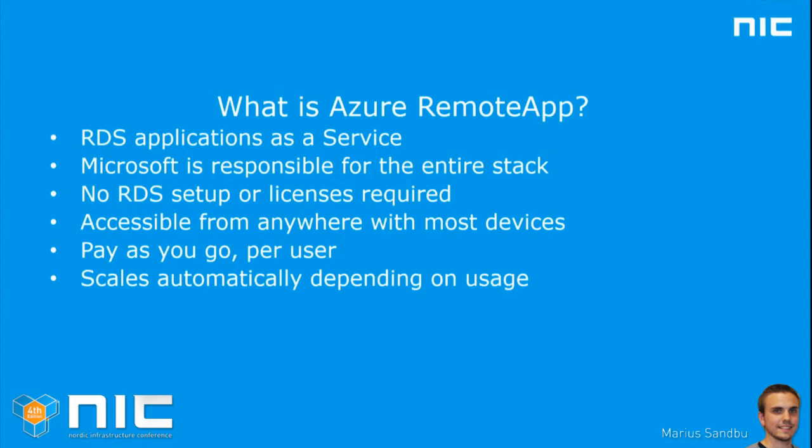So it scales up and down. It was released on December 11th, public general availability. There's also a 30-day free trial for those who haven't tried it yet. It's important to remember that you have to delete the deployment after you're done with the trial.